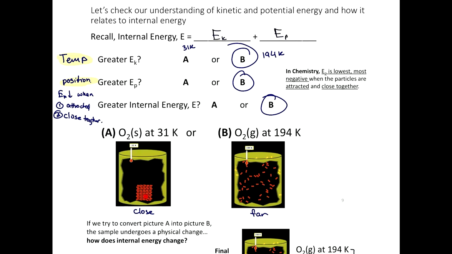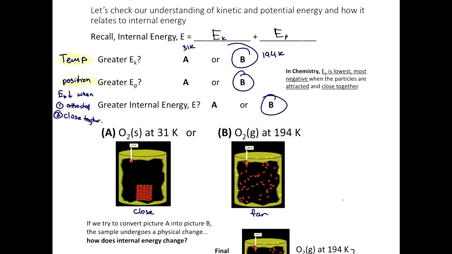So sample A has the more negative potential energy, while sample B has the more positive, or higher, potential energy. For chemists, we want negative potential energies because that means your particles are attracted to one another. That differs from physics, where I feel potential energy was typically maximized, but for chemists we want the most negative potential energy.